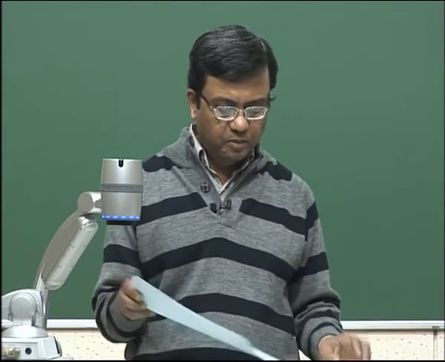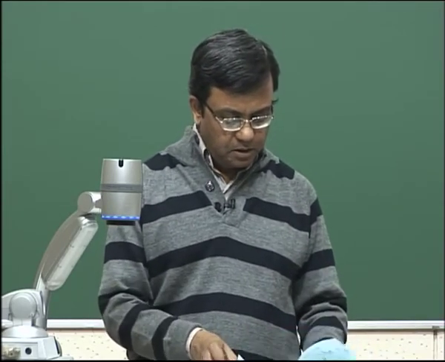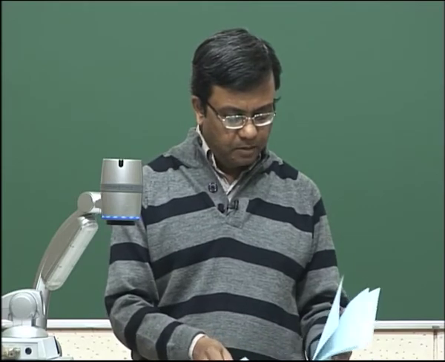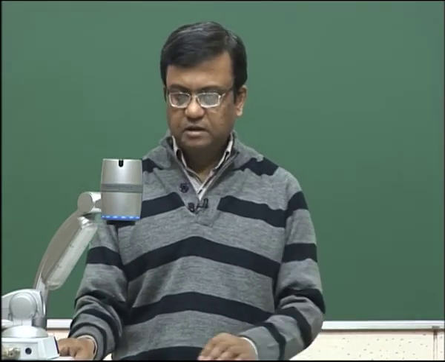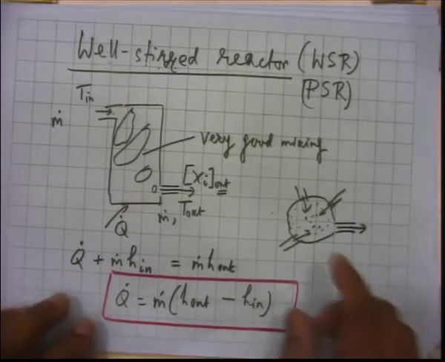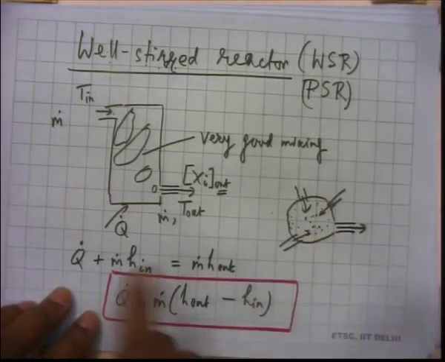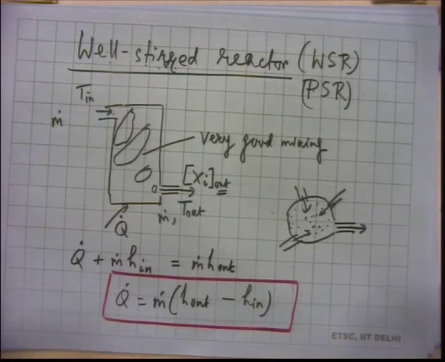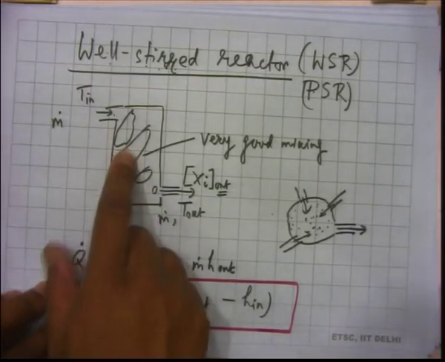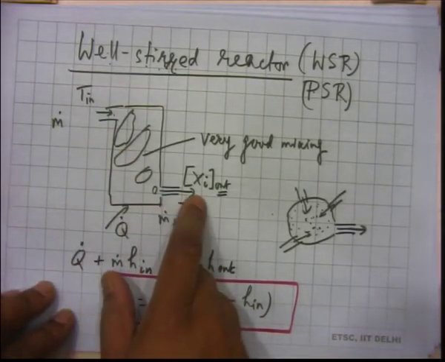Since you have seen so many equations, maybe it is a good time to also remind you as to what problem we are trying to solve. We are sending in some inlet streams, actually in this example problem just one inlet stream, and something is going out.